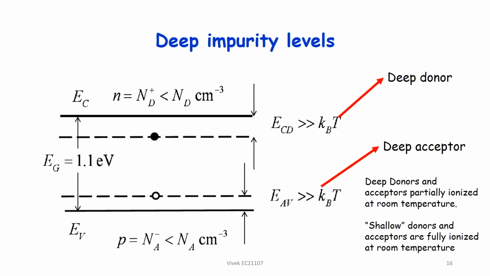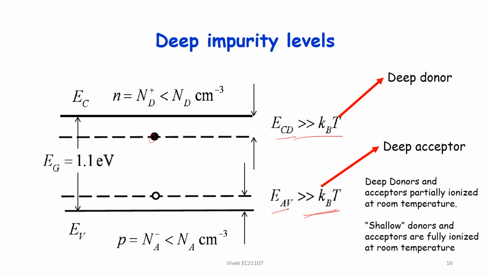Typically these ECD and EAB are of the order of 0.1 electron volt, right? But for some dopants, these defect energy levels are much more than kT. So the ECD and EAB are much more than kT, right?